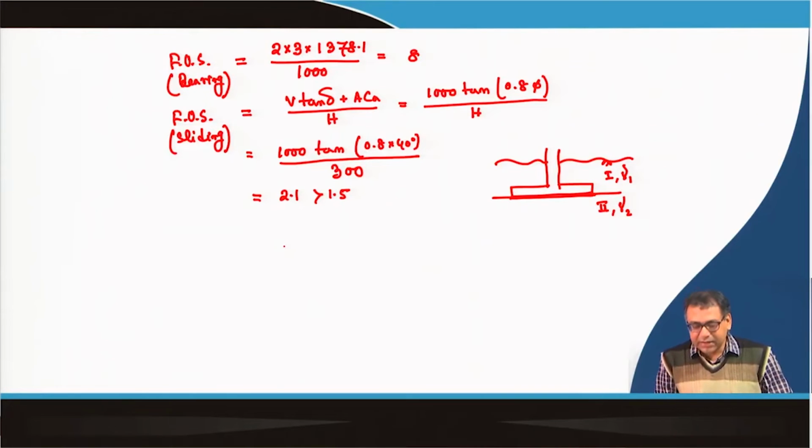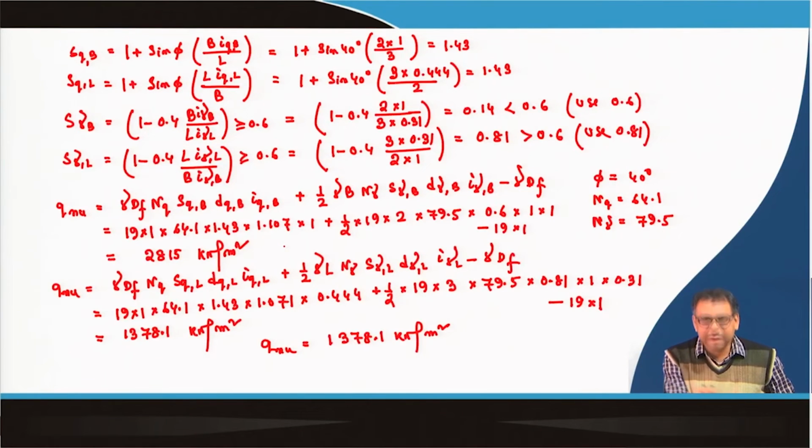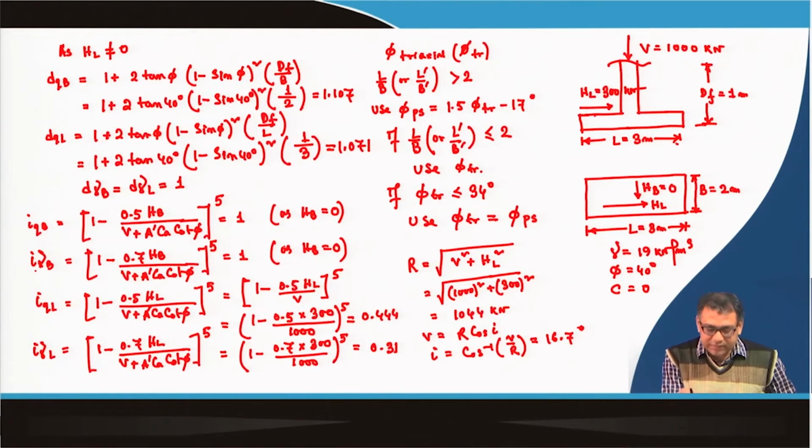And remember that suppose if your HL is equal to 0, but HB is not equal to 0, then these two sets are not required, only one set you have to do, that HB1, that DQB1.